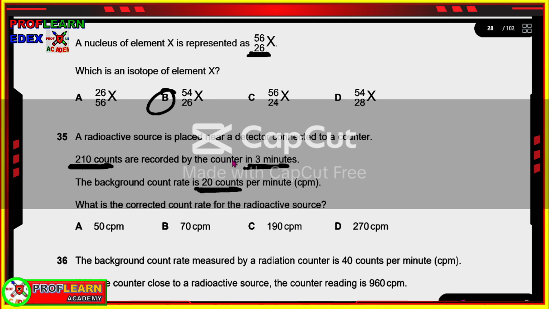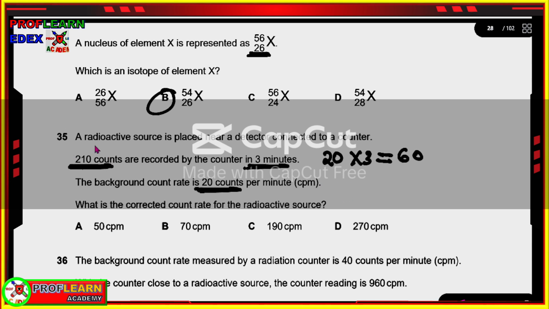In order to work this out, we are told the background count. It's 20 CPM, counts per minute. So in order to get the count for 3 minutes, it is going to be 20 times 3, and that's going to translate to 60.